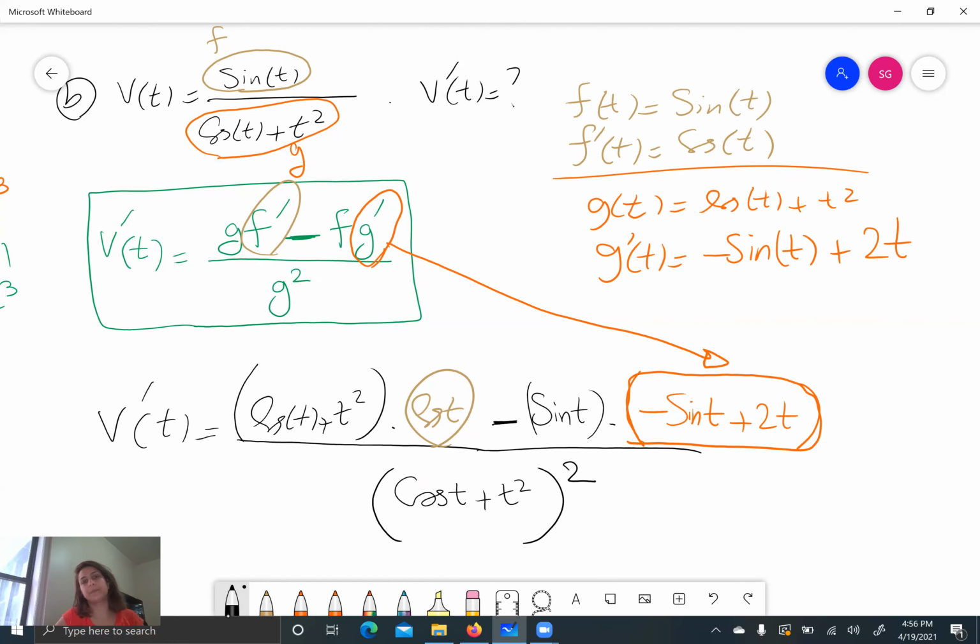What is f? f is y times 7 to the y, the numerator. Let's calculate the derivative of f. What is the format of this function?